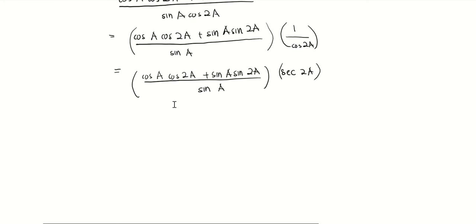That means there is a change in angle. So 2A must become a single angle A. So we can use the double angle identity.